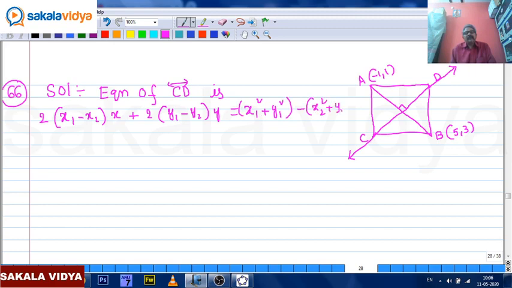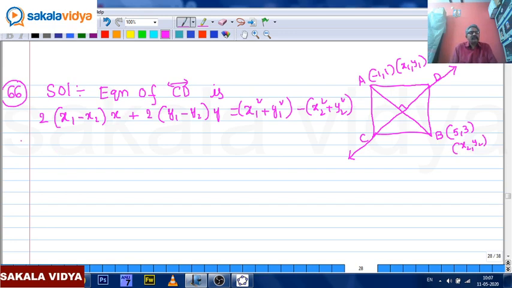This is the shortcut we have studied in locus also. The equation of the perpendicular bisector of (x1, y1) and (x2, y2) is given by this formula. This is x1, y1, and this is x2, y2.